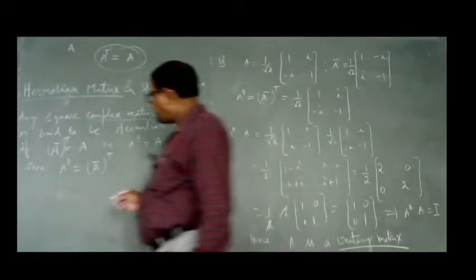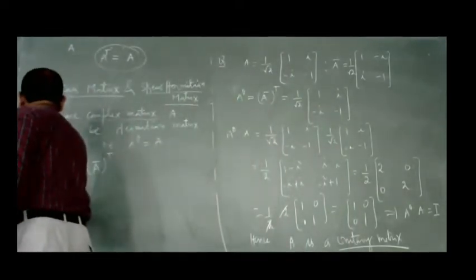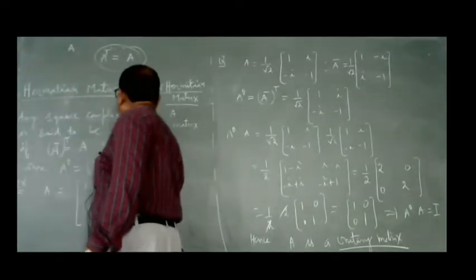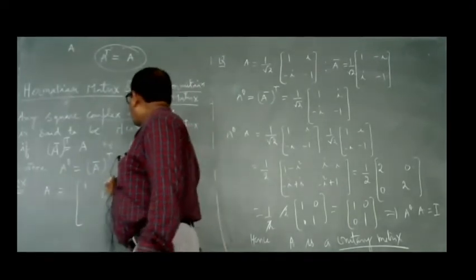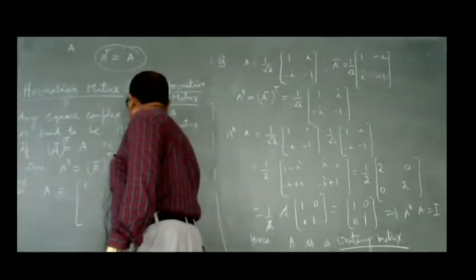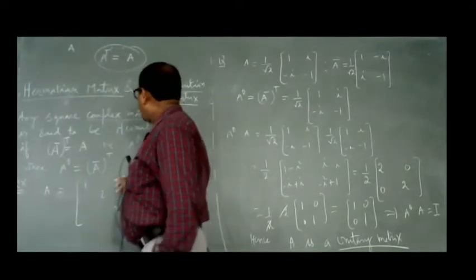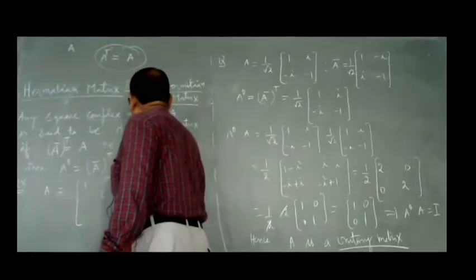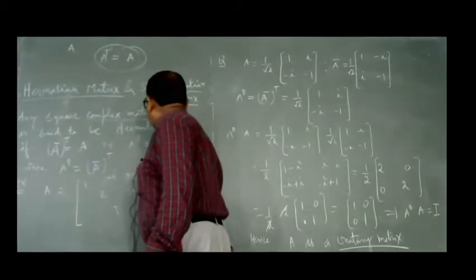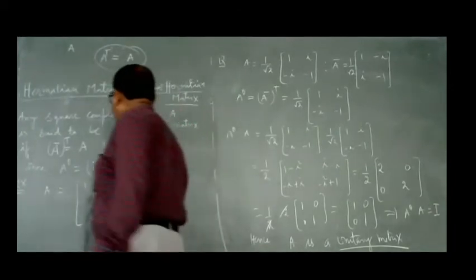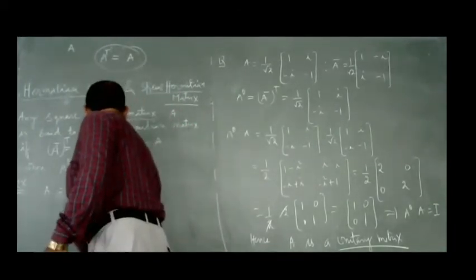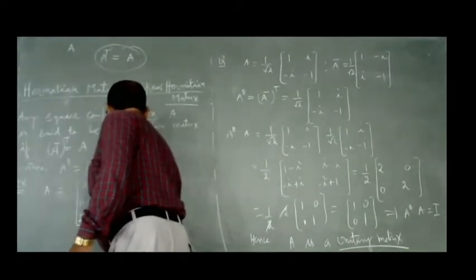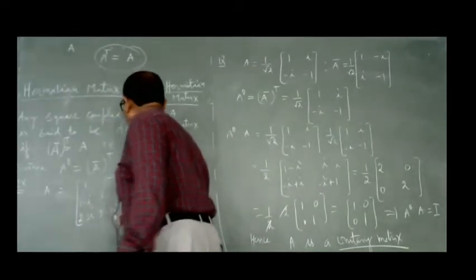For example, I can take an example. A is a matrix: 1, 2, 3, sorry, 1 plus I, 2 plus 3I, 5 plus 7I, 1 minus I, 2 minus 3I, 5 minus 7I, sorry.